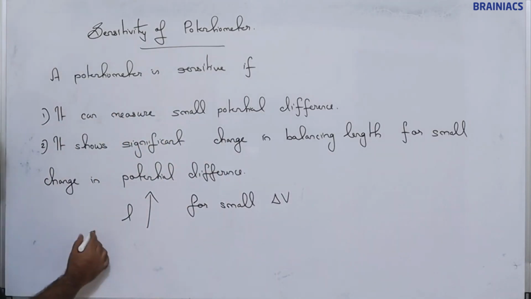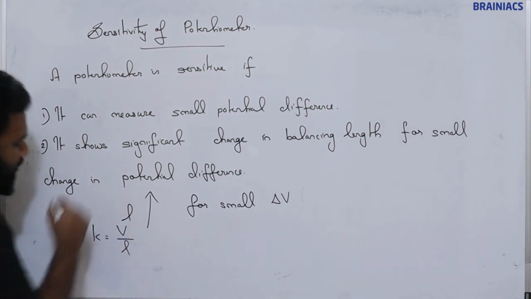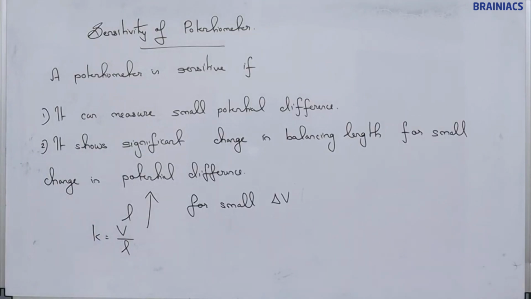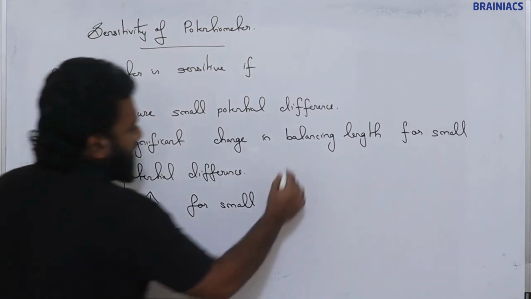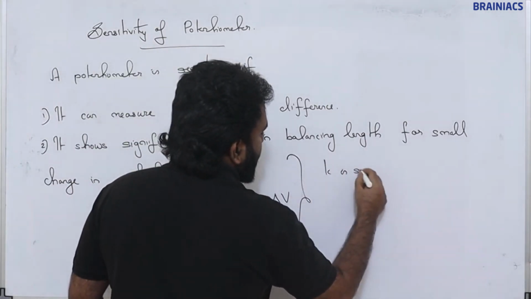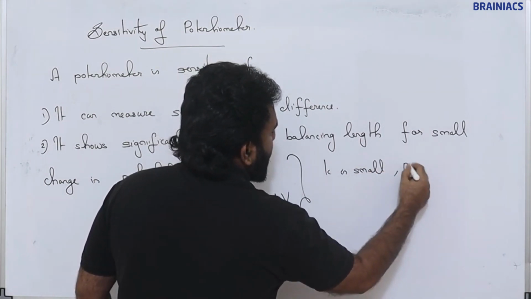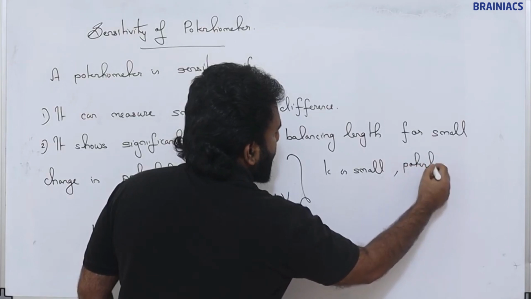And what is K? K is equal to V by L. So if K is small, the potentiometer is sensitive. If K is small, potentiometer is sensitive.